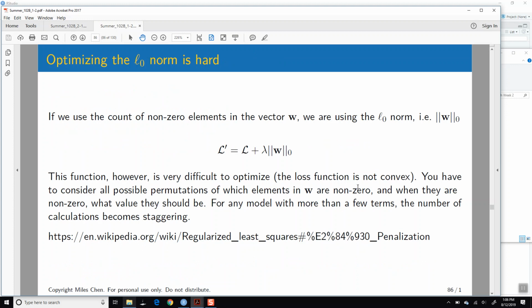That would be using our L0 norm. But unfortunately, using the L0 norm is almost impossible to solve computationally, because it is too intense if you have a high number of predictors.